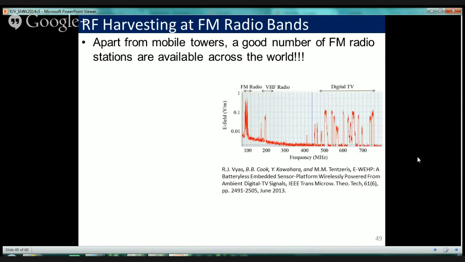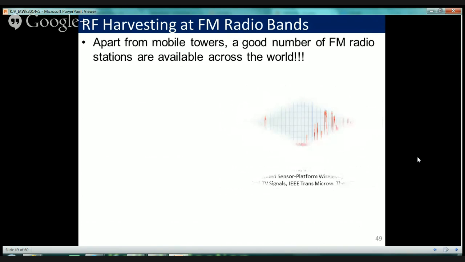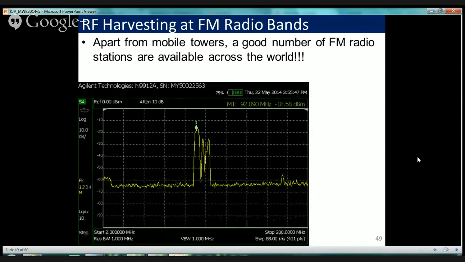This was a picture from a paper published, I think, from Georgia Tech, and we looked at it ourselves. This is what happens in, let's say, my own office room. We can get of the order of -20 dBm with a custom antenna, which I'll show. So there is substantial power available even in some of those bands.